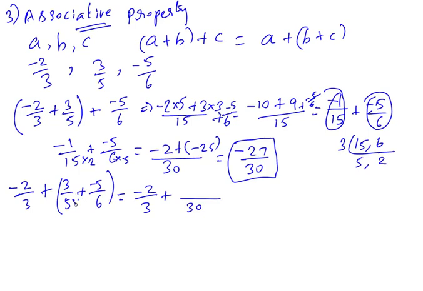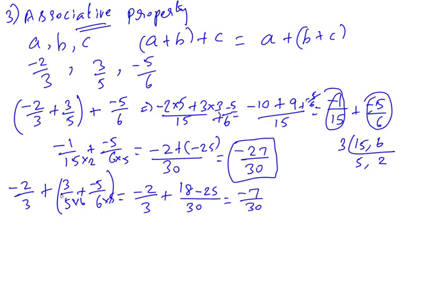So, here we need to multiply by 6 and here we need to multiply by 5. So, 3 sixes are 18. Plus into minus becomes minus, 5 fives are 25. So, what will happen? 7. So, minus 7 by 30.